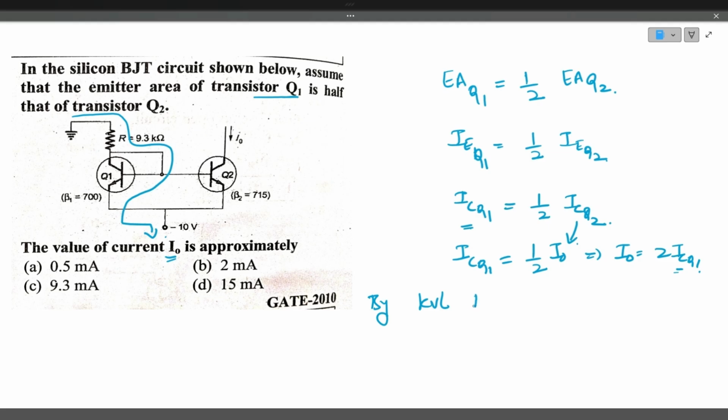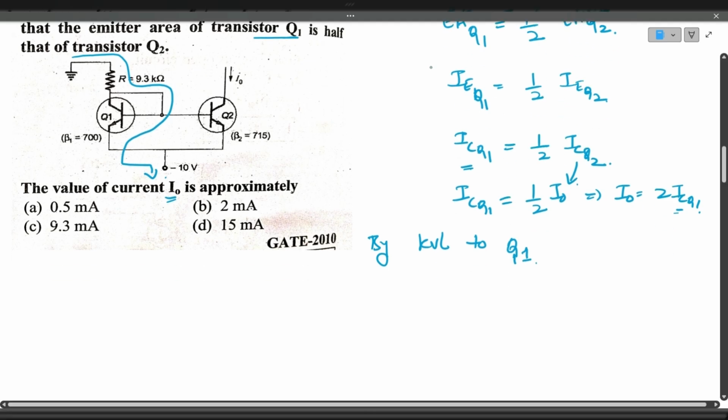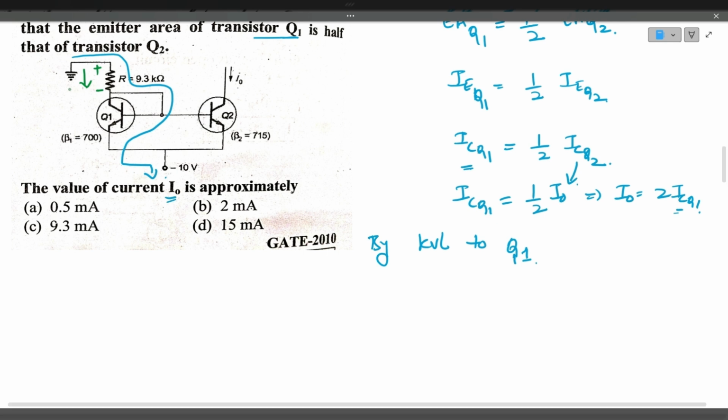KVL to transistor Q1. Here there is a voltage drop, this is the current I1, and there is a voltage drop VBE here, and this is VEE.